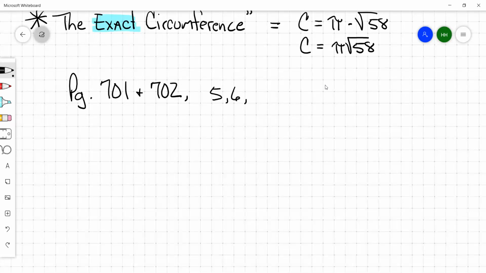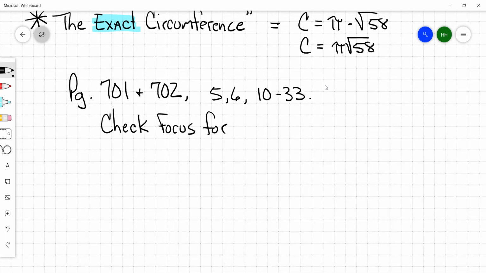And then 10 through 33. All right, be sure to check Focus for homework. And e-learners, give me a couple of minutes to upload these pages to Focus. I haven't done so yet.